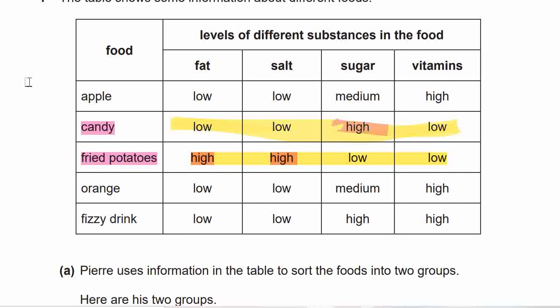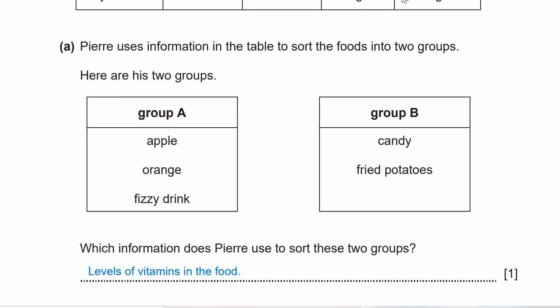High fat is also not good. What differentiates candy and fried potato is that they are low in vitamins, while the rest have high vitamins. So our answer will be level of vitamins in the food. That will be our answer.